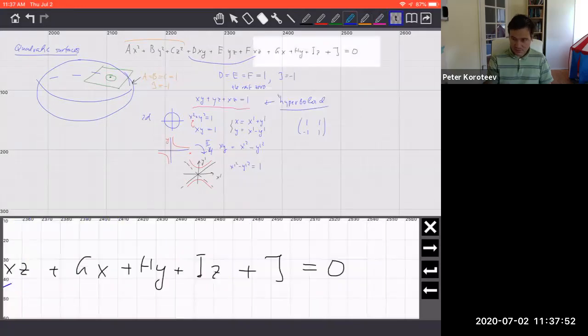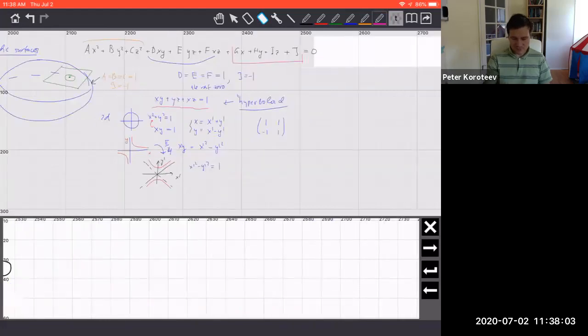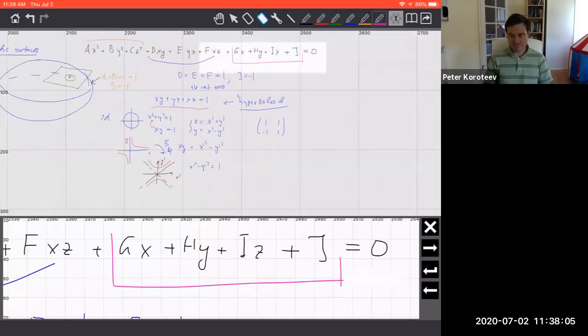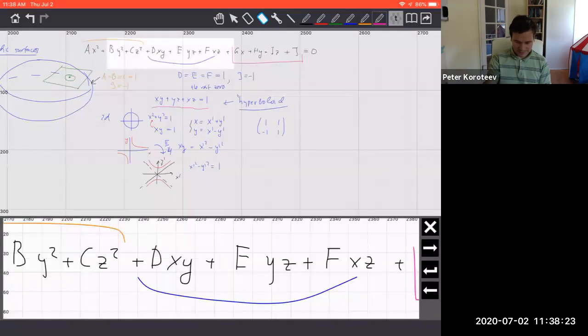Okay. Now, if you only focus on this part of the equation, which surface does it describe? If G, H, I, and J are non-zero and the rest is zero, it's a plane, right? So linear surfaces, these planes, are part of the equation.